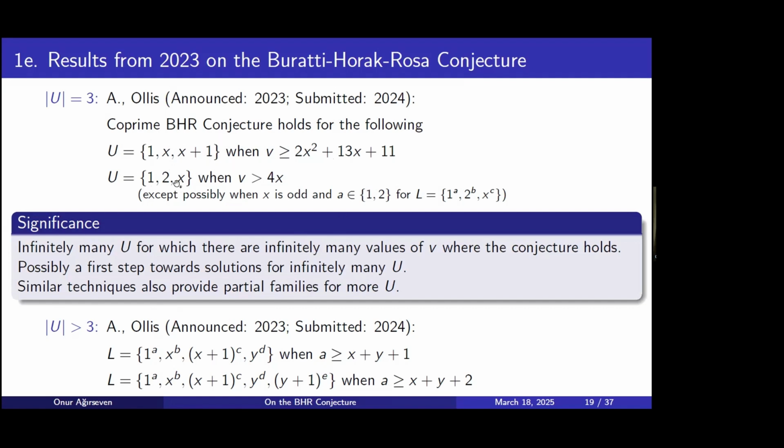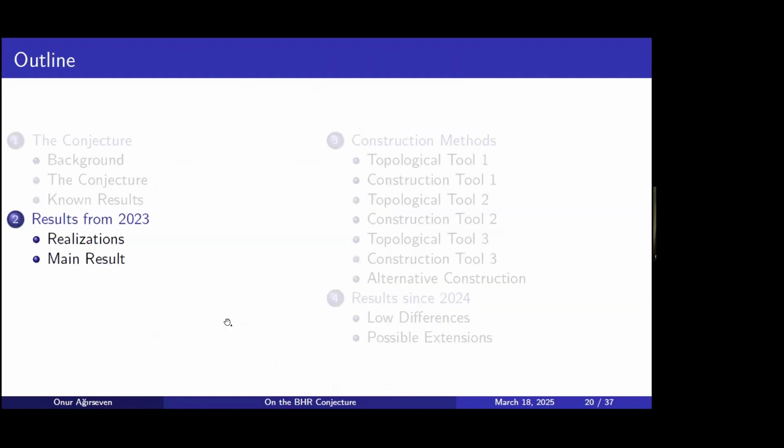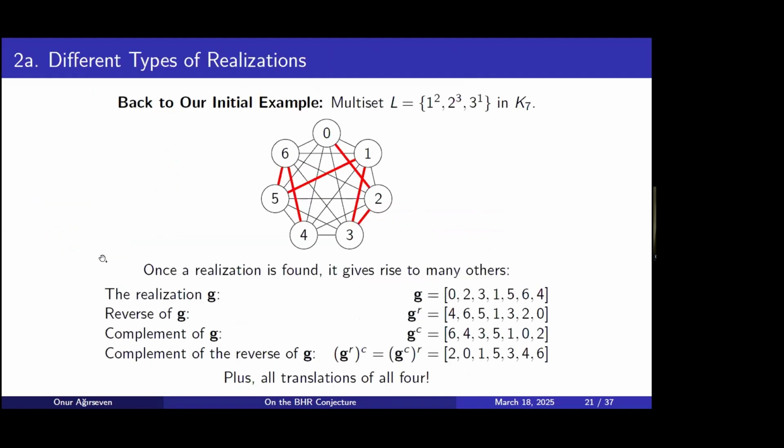The second one and the methods that we use there have also led to other results in other papers of ours, but I will talk about this and what it led to instead. And if you combine them, especially for the top one, you also get some partial results for when U is strictly greater than 3. But again, I won't bother you with that. Instead, I'll talk about the realizations that lead to those results and how that result looks and then the tools that build up for it.